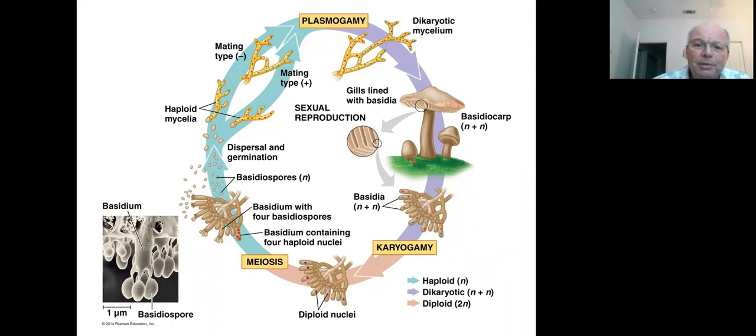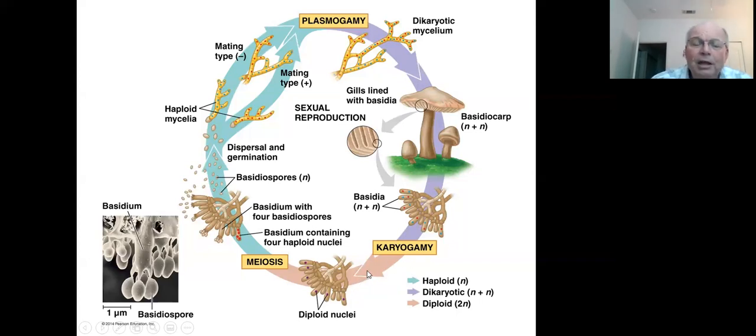Within each basidium are the 2 haploid nuclei, 1 copy of each of the ones that were derived back here when plasmogamy occurred and these 2 reproductive hyphae merged to give rise to the dikaryotic mycelium. These basidia are products of that dikaryotic mycelium, so they carry the 2 haploid nuclei.